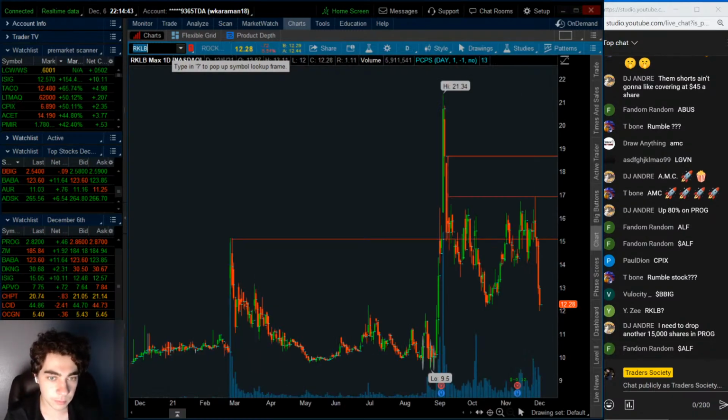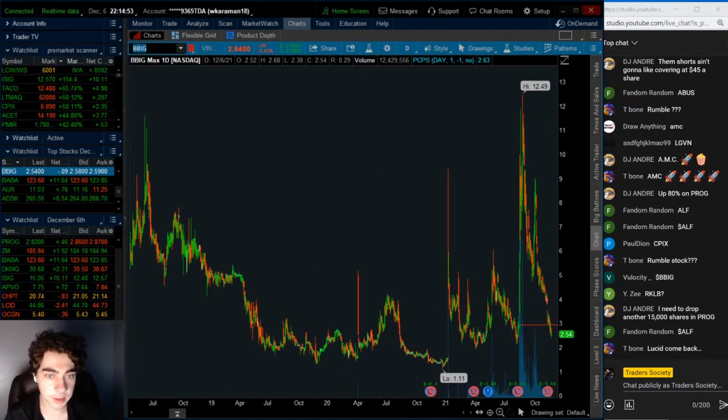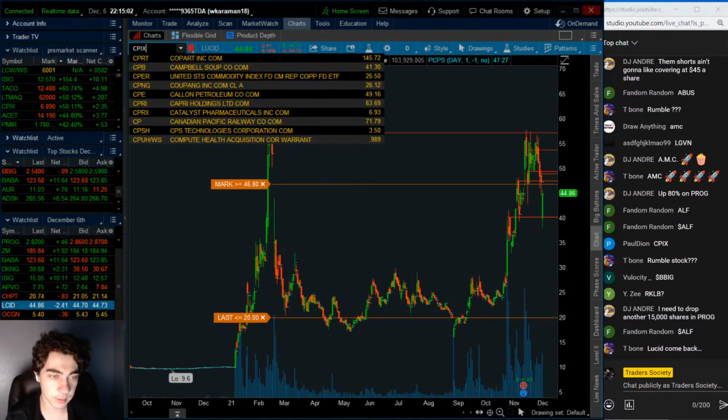RKLB, it's not a good chart. I would avoid this one at all costs. So yeah, BBIG still on the sidelines. It's definitely due for that bounce though. Lucid should fill that gap at 47. We talked about that one.